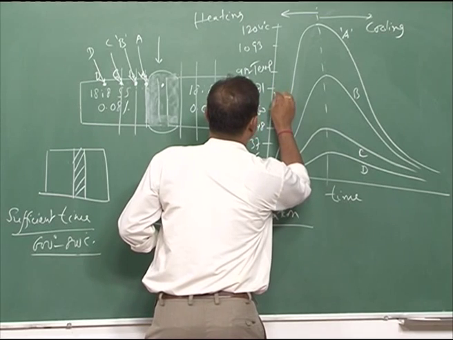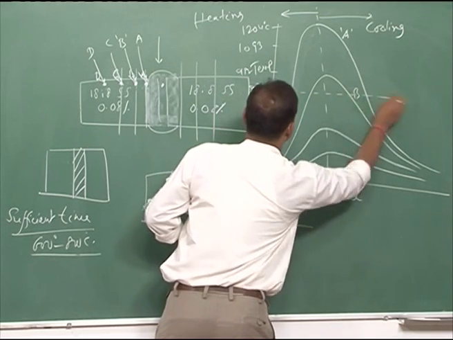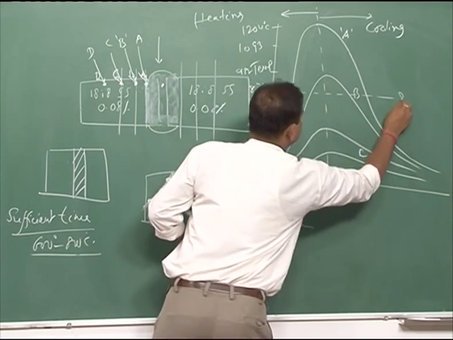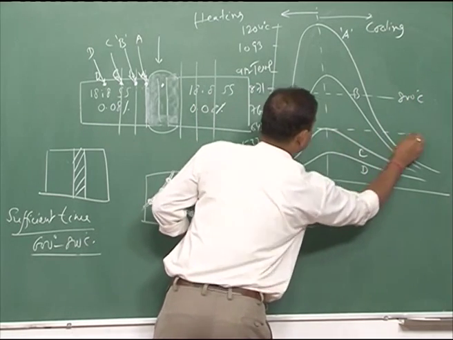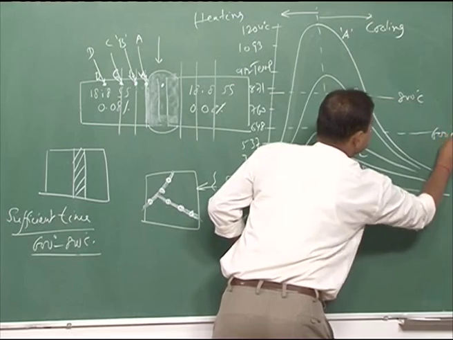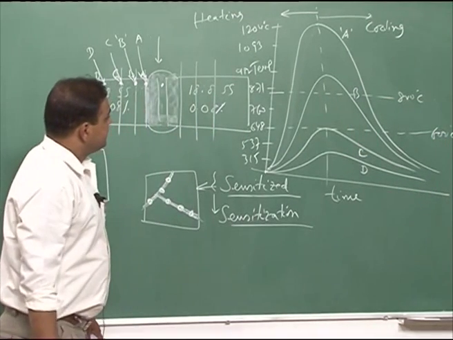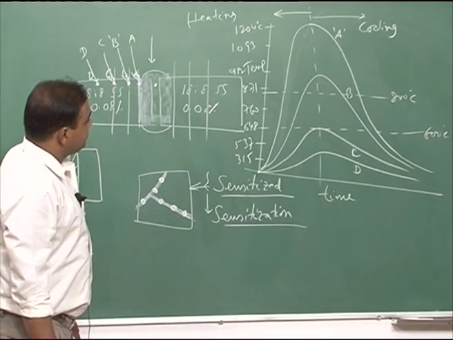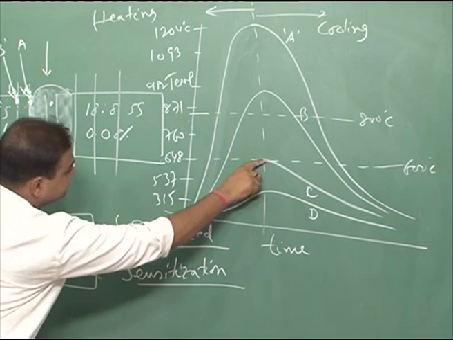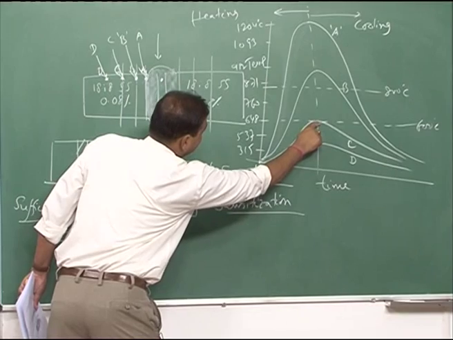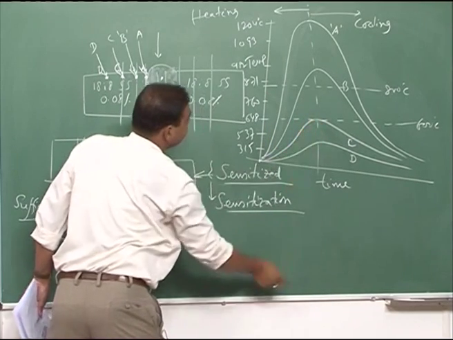Now, you see that in case of B, let us say this is my 800 degrees Celsius, and this is 600 degrees Celsius. Now, C is basically the start of this zone.